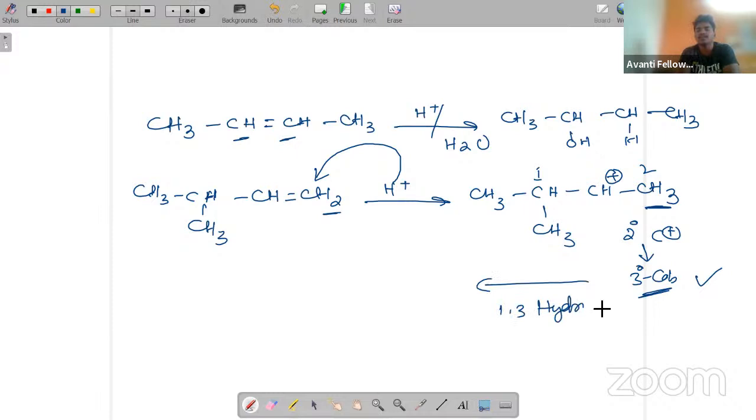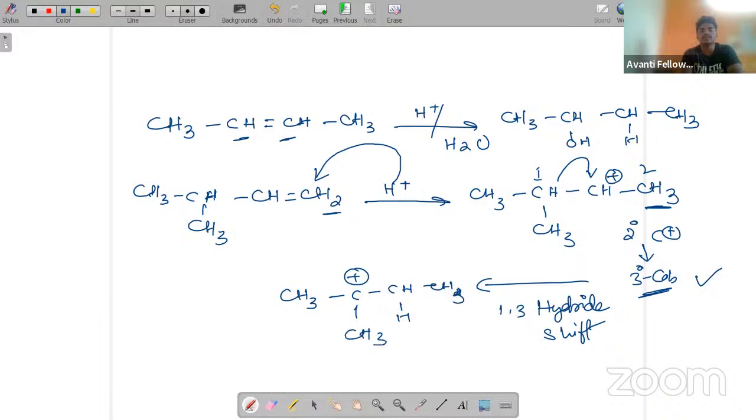We have to shift the hydride here. Whenever we shift the hydride from here to this carbon, what will happen? CH3-C+-CH2-CH3 with CH3.